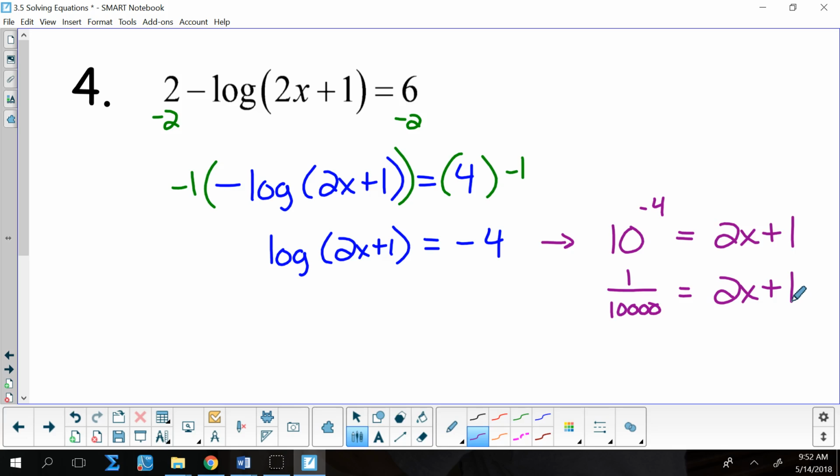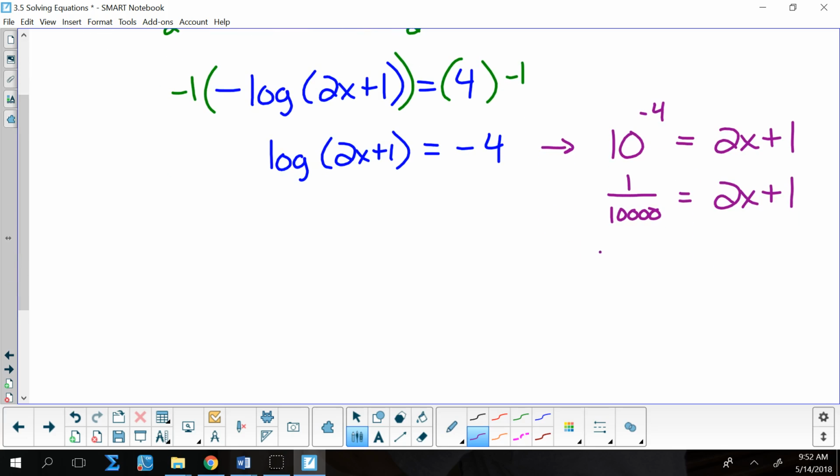Subtract 1. So if I subtract 10,000 over 10,000, because that's 1, I get negative 9,999 over 10,000 equals 2x. Divide by 2. Dividing by 2 is the same as multiplying by 1/2.